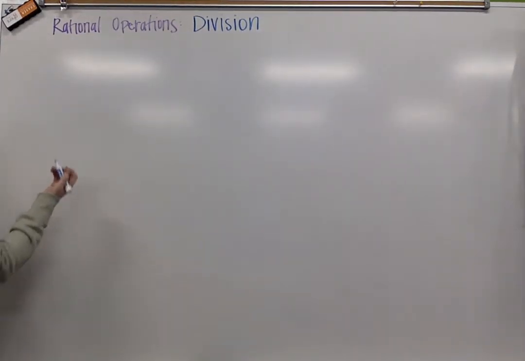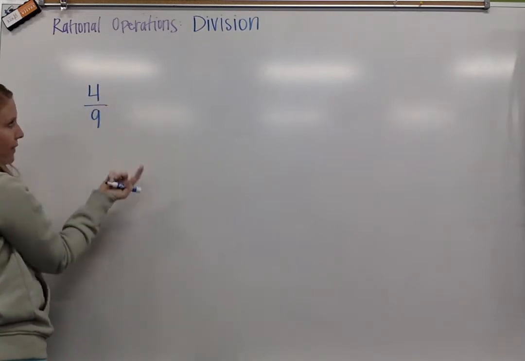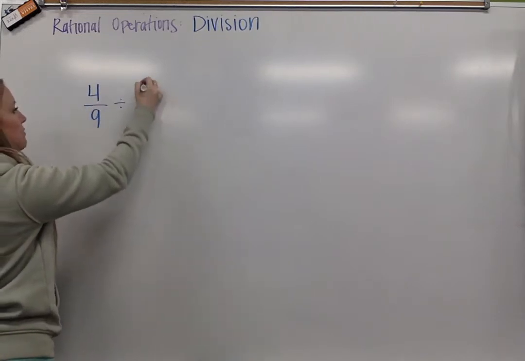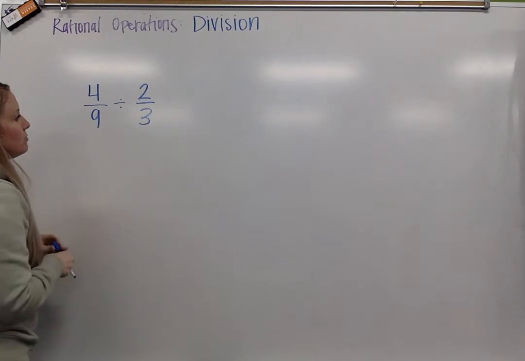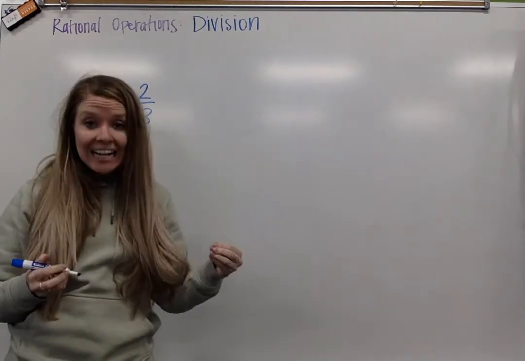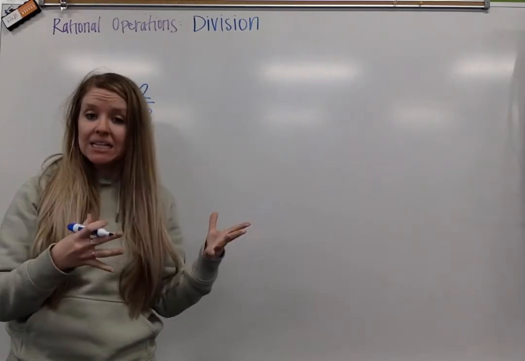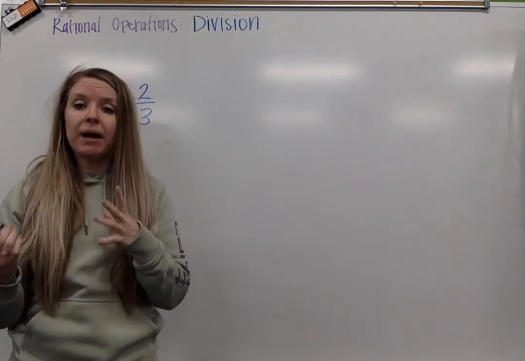Okay, so let's say we have 4 ninths, and we're going to divide that by 2/3. When we are dividing, a simple way to do that by hand is to multiply by the reciprocal.